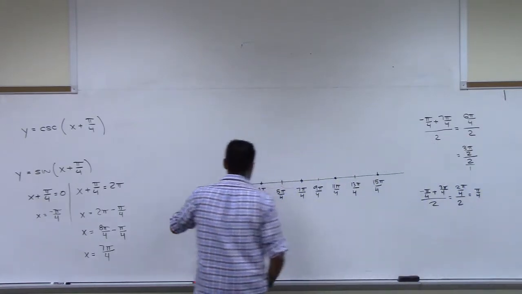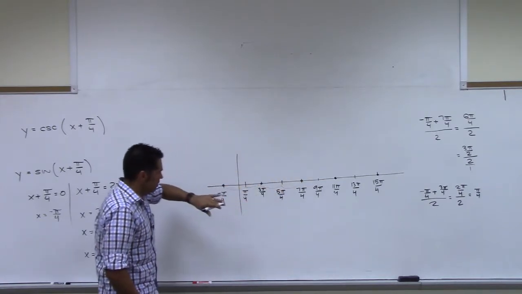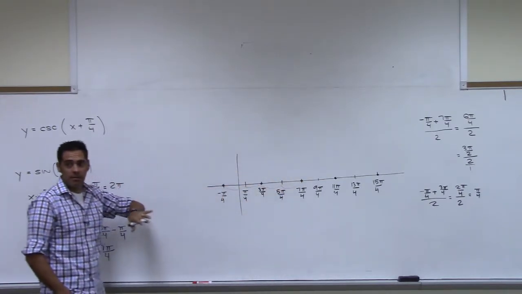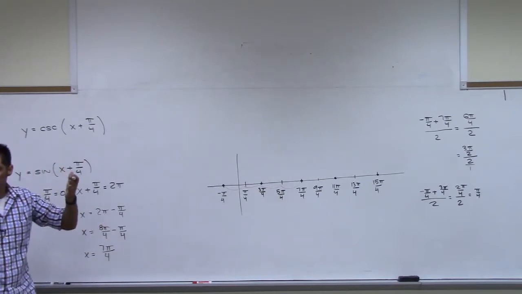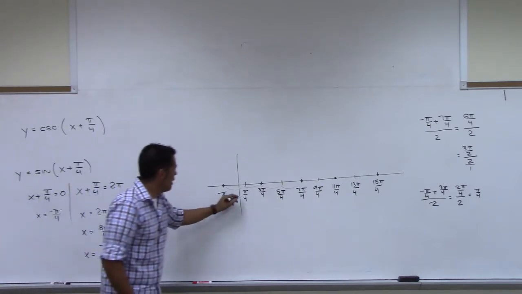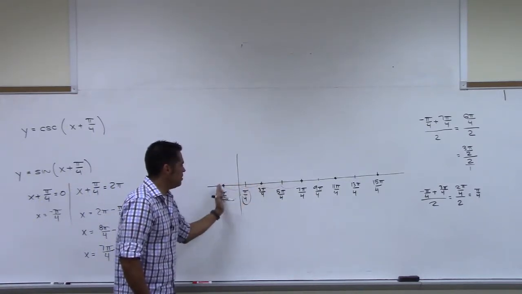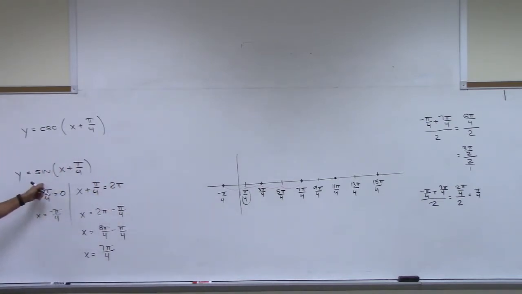And now I need to draw a sine function, don't I? Yeah. Need to draw this sine function. Now, the way that I said to do it, to be safe, is to take a value and plug it into the function at this point. So what value would you like to plug in? Pi over 4, right? It's that first one between these two. So let's plug pi over 4 into this and see what we get.